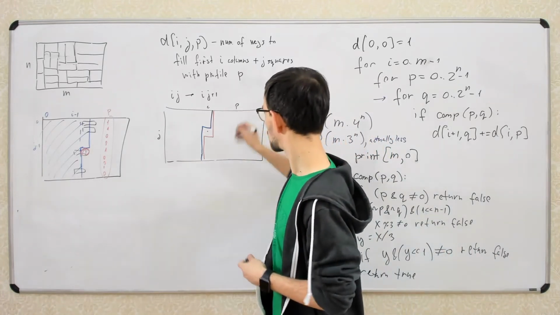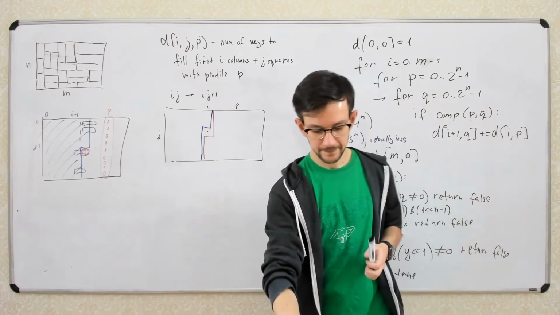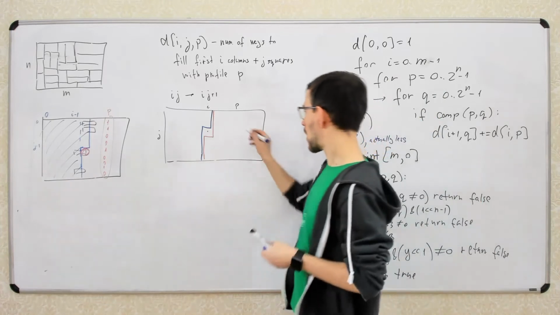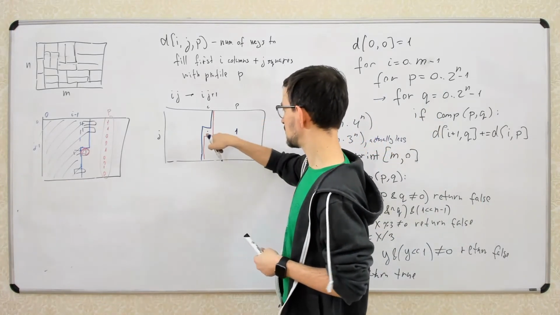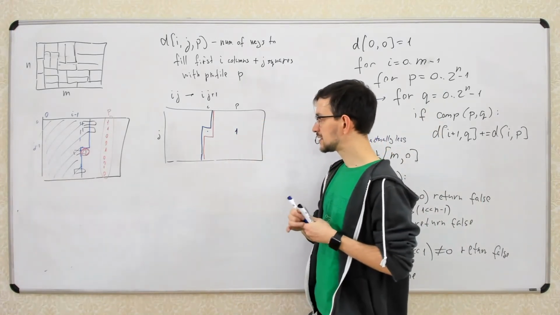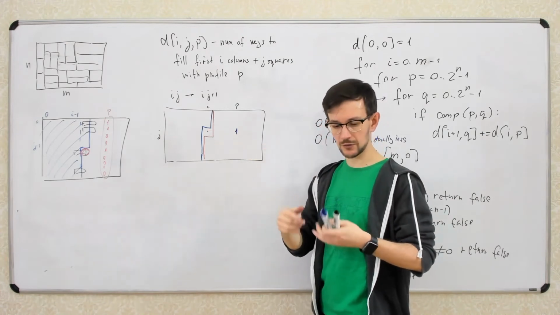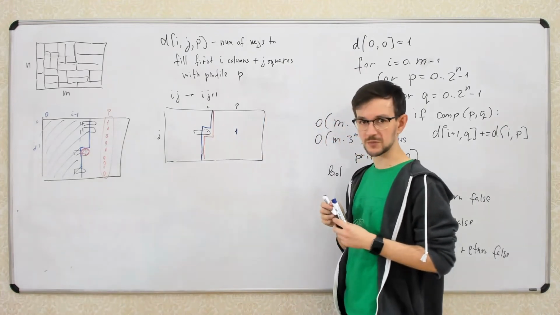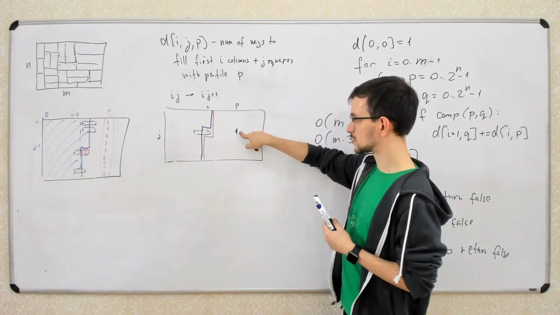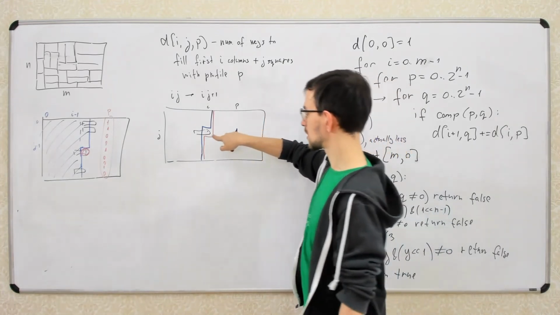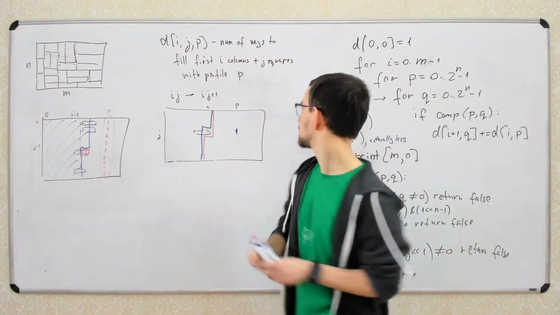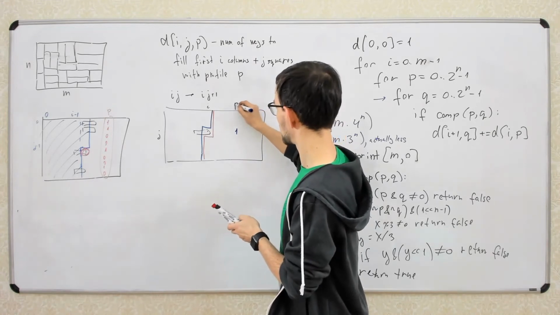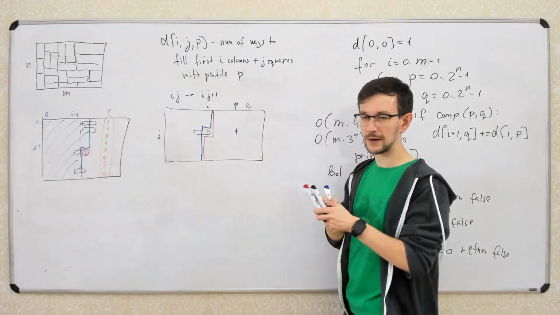We have this profile P. If this bit is 1, it means that this square is already filled with some tile, which sticks out of this left part. So if this bit is 1, then we just go to, this will be Q. Let's make it like before: this is the previous profile, this is the new profile.